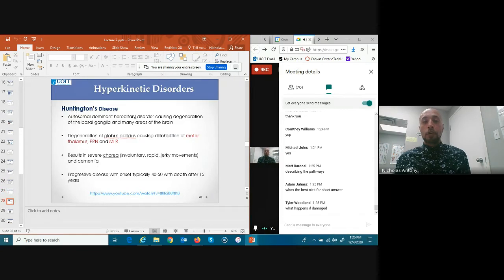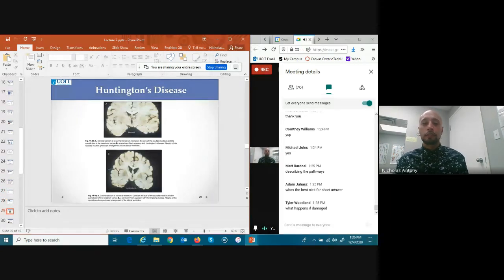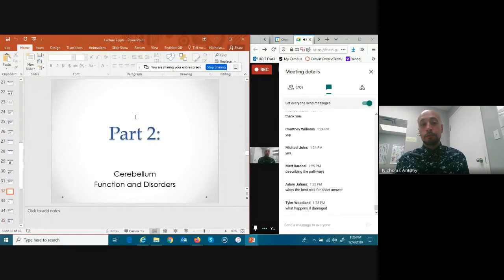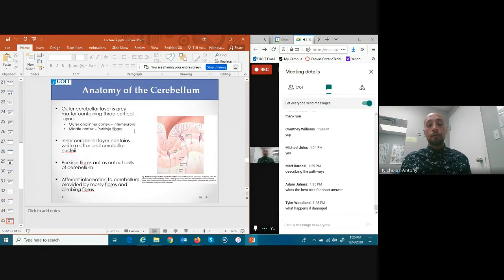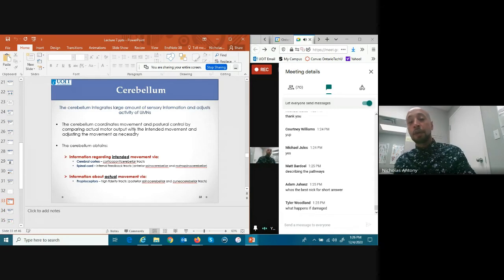Yep. We talked about hyperkinetic disorders. I don't want to go too fast, but I'm just going through the slides to show the 4 different types of hyperkinetic disorders. And then we talked about the cerebellum and how it functions, right? It compares intended movement versus actual movement. So it compares what muscles we activated, right? There's that information.